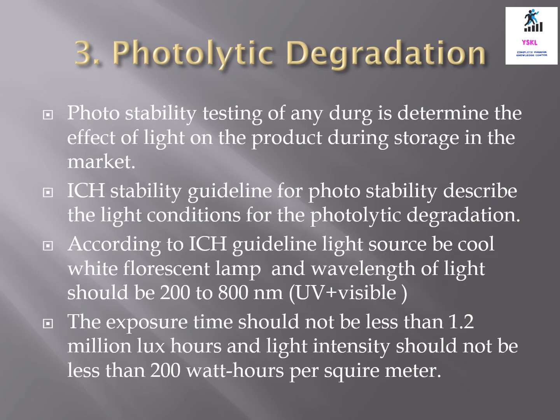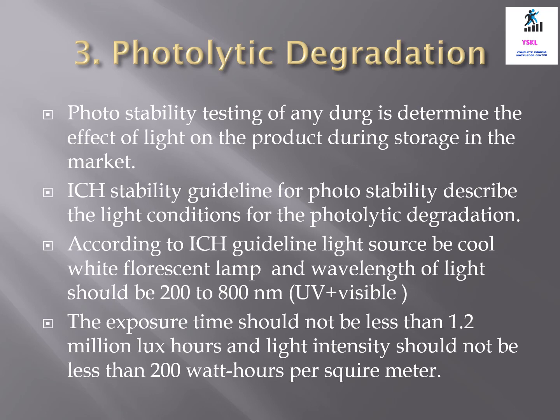In photolytic degradation, the photostability of any drug is determined by the effect of light on the product during the storage in the market. The ICH stability guidelines for photostability describe the light conditions for the photolytic degradation.